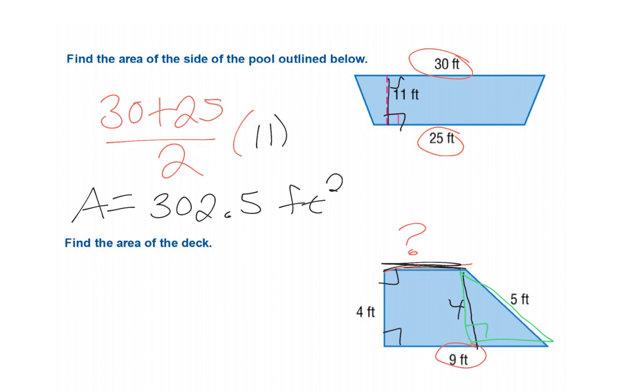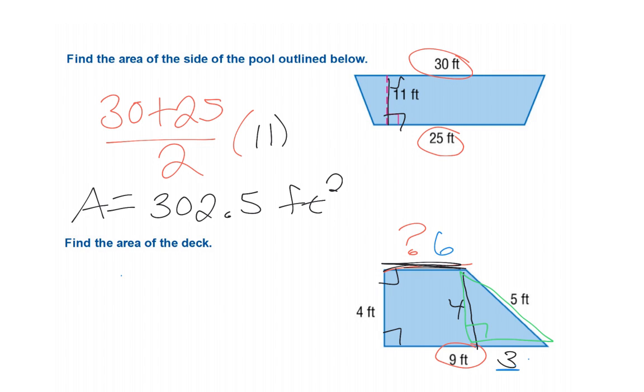I can do the Pythagorean theorem to find the third side, or I know it's a 3, 4, 5 right triangle because my 5 is on the hypotenuse and my 4 is on one of the legs. With that, I can tell that 9 minus 3 is 6. So that's my other base.